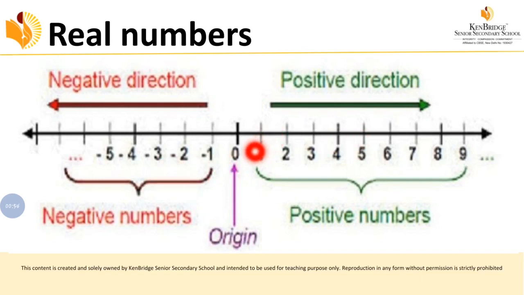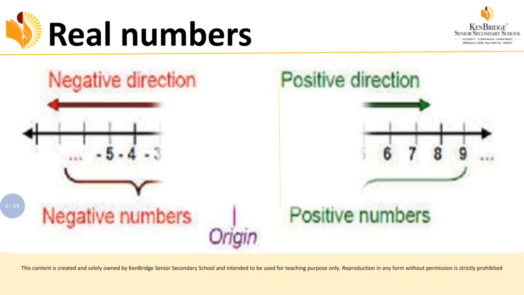Here we have 0, that is the origin, and positive numbers as well as negative numbers. In this direction we will mark positive numbers, and this side will be negative numbers. In real numbers we have seen that all types of rational numbers, integers, whole numbers, and natural numbers come under real numbers.